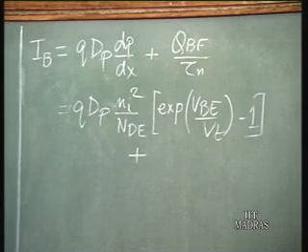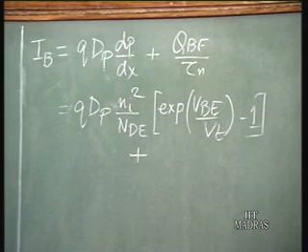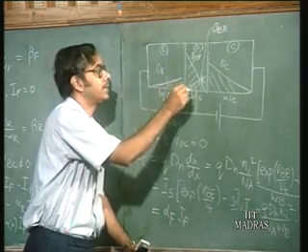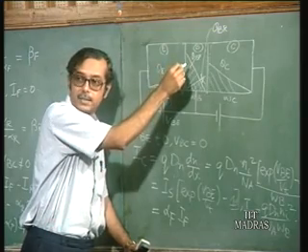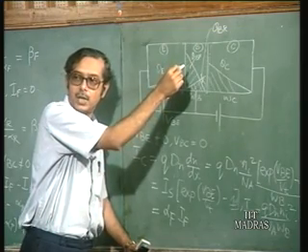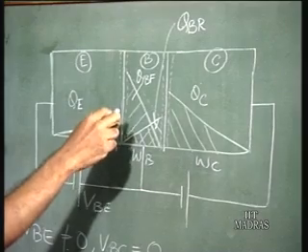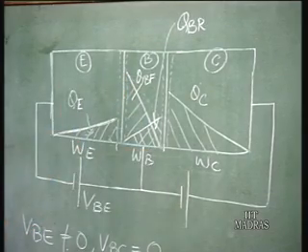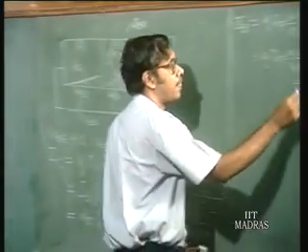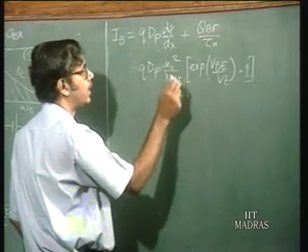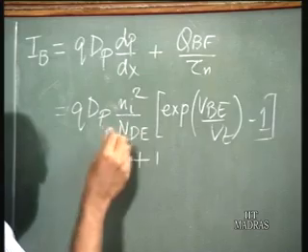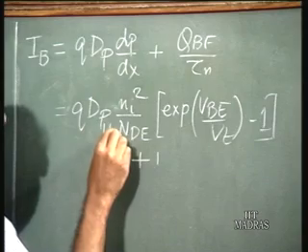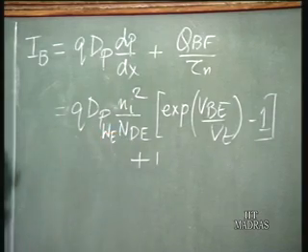What is the total charge in the base? It is given by the area of this triangle. So, what is the area of this triangle? Half base into altitude. Sorry, here you have a W, I shall write here WE.